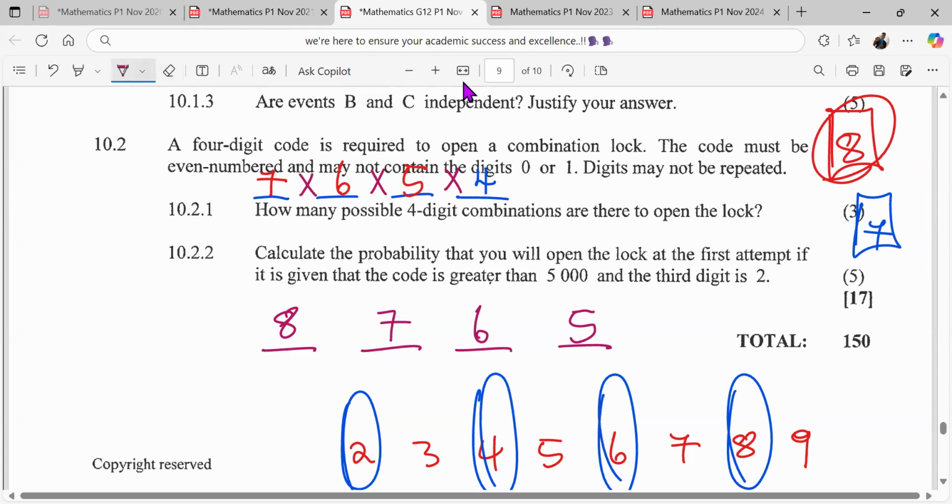It's like they're saying, how many 4-digit numbers can you form? Not necessarily that it's even or not. So it's two different situations. And of course, when I now press this into my calculator, which was given to me back in 2019, I find that we have 840 possible 4-digit combinations.